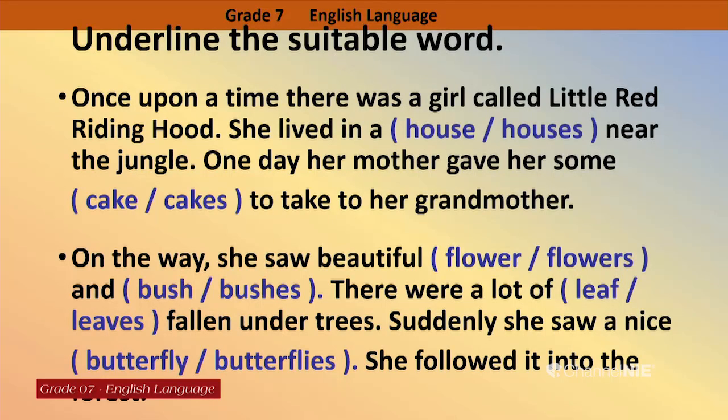One day, her mother gave her some cakes to take to her grandmother. Who gave the cakes? Her mother. To whom should it be given? To her grandmother. So, Little Red Riding Hood is taking cakes to her grandmother.